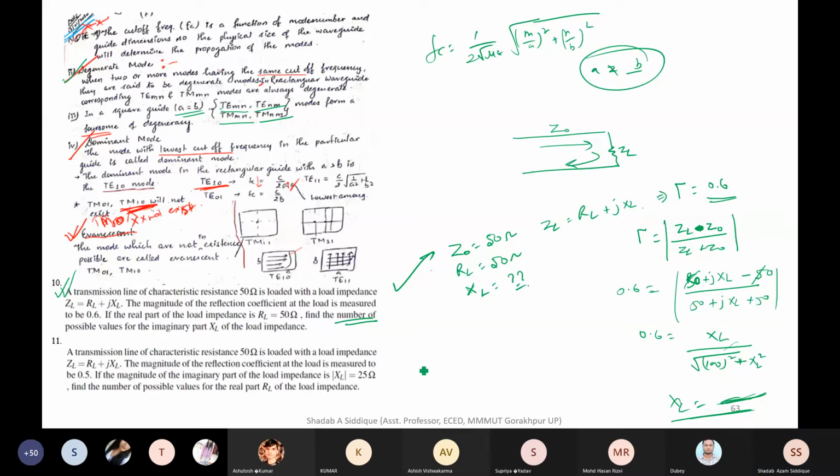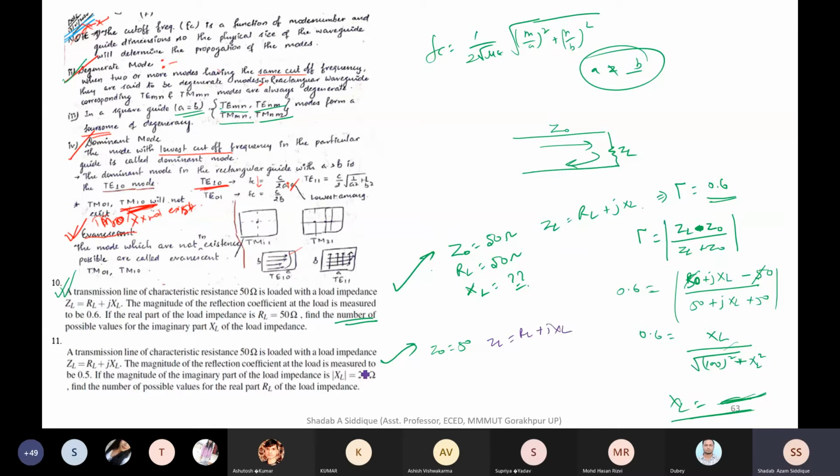A similar type of question is given here. A transmission line of characteristic impedance Z0 equal to 50 ohm is loaded with ZL equal to RL plus JXL.